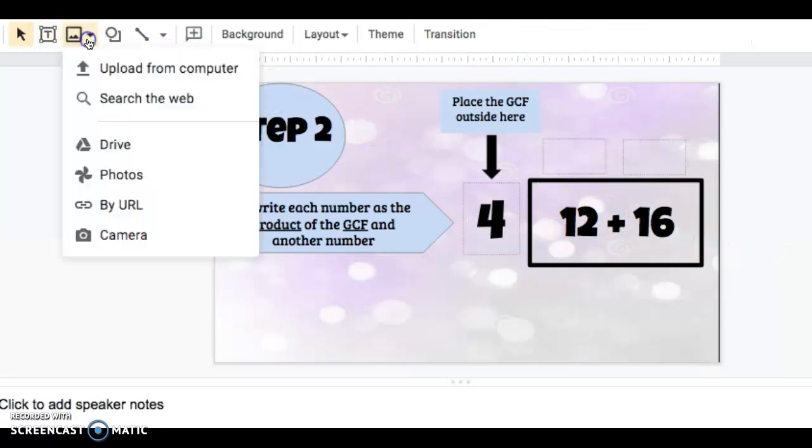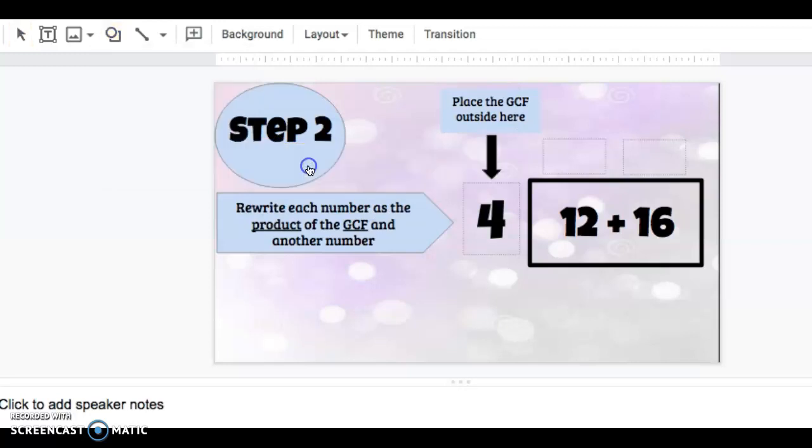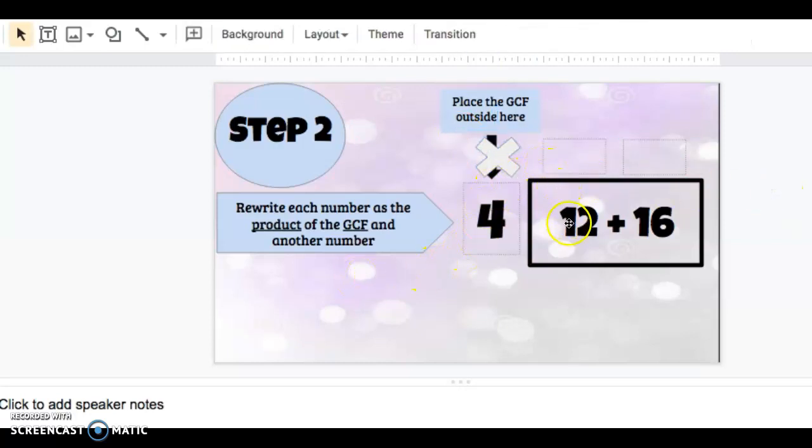Now you have to ask yourself, and this is very important, 4 times what gives you 12? 4, 8, 12, 3. Okay, so I put my 3 up here. 4 times what gives me 16? 4, 8, 12, 16.